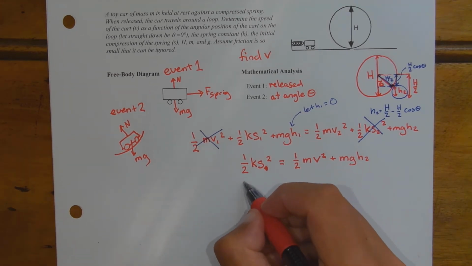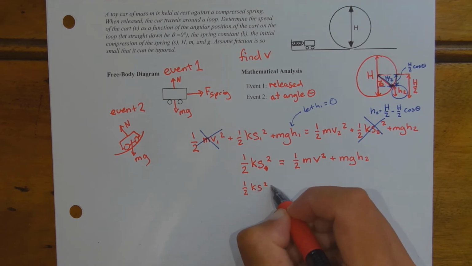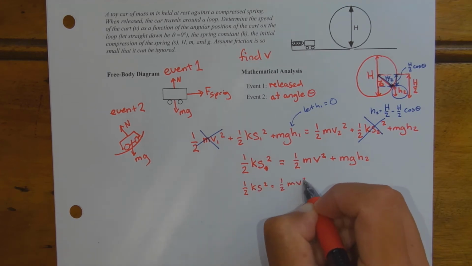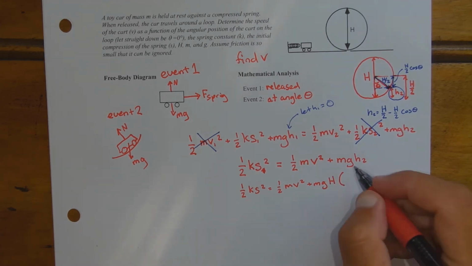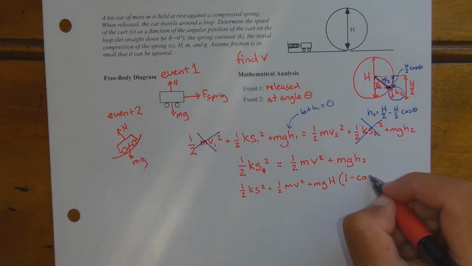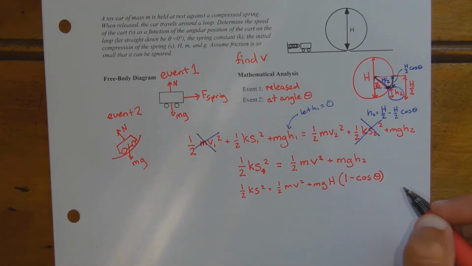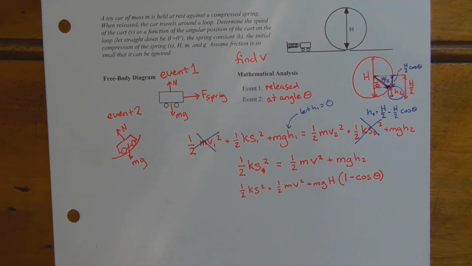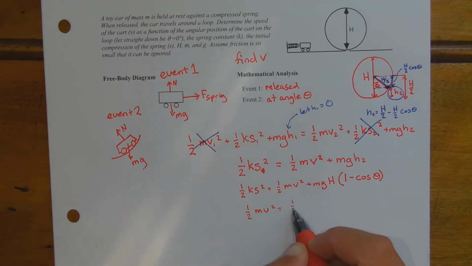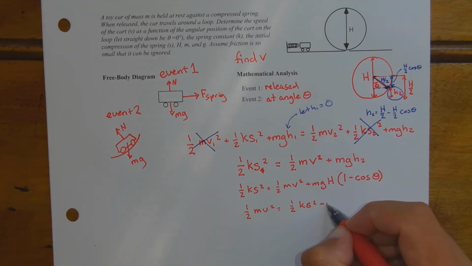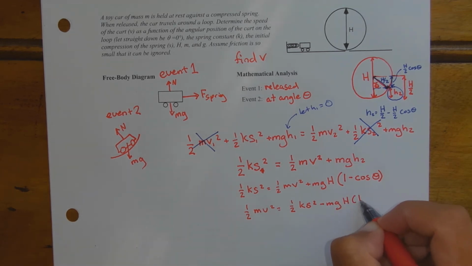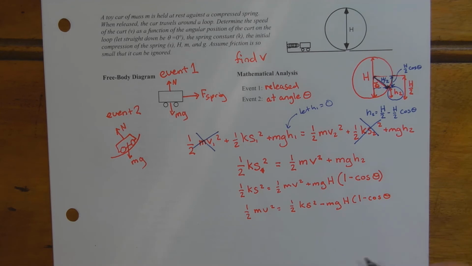So let's put that in here. We have 1/2 k s squared is equal to 1/2 m v squared plus m times g times h over 2 times 1 minus cosine theta. Solving that for the speed, we bring this over to the other side. So we have 1/2 m v squared is equal to 1/2 k s squared minus m g h over 2 times 1 minus cosine theta.